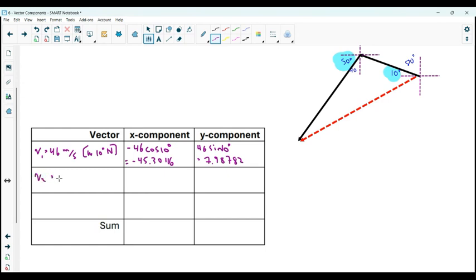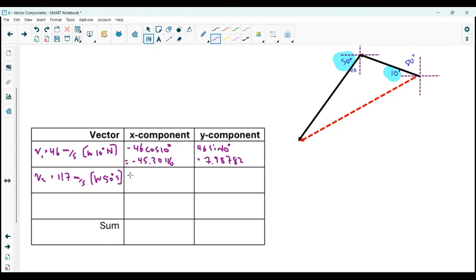Second velocity vector, 117 meters per second. And we see that we're going west 50 degrees towards the south. Okay, this vector I notice is going left and down. So that means both of these are going to be negative. The x component is going to be negative, the y component is going to be negative.